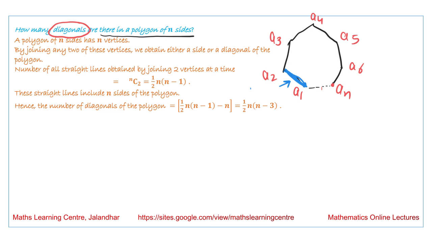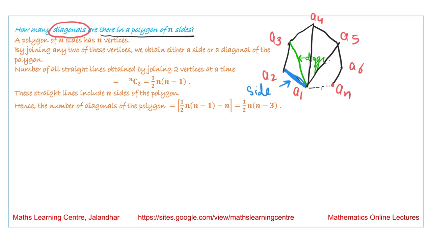this will correspond to a side. If I join this A1 vertex to A3, I will obtain a diagonal. If I join A1 to A4, I will obtain another diagonal. If I join A1 and A5, I will obtain another diagonal.